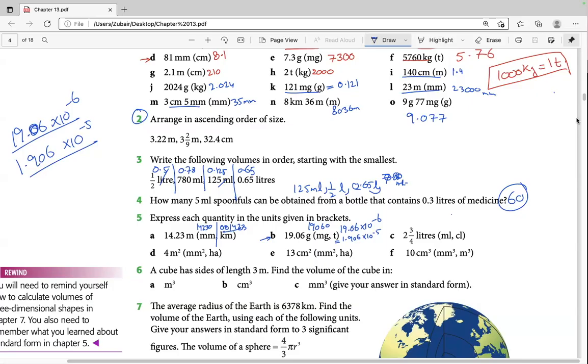Yes, they're the same. If I write 20 into 1 or I write 2 into 10, same. So which one is standard form? The second one is standard form. Mostly the question would ask for that.